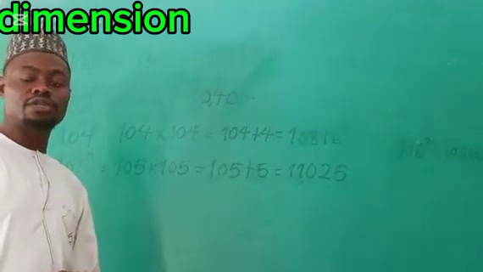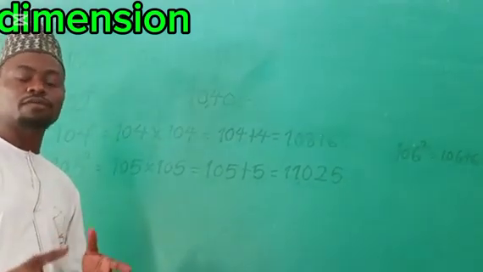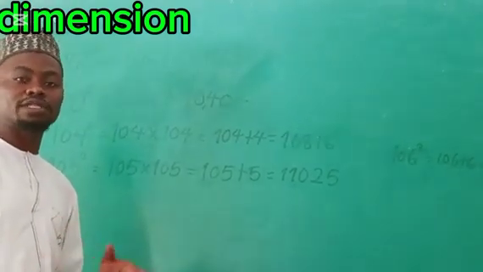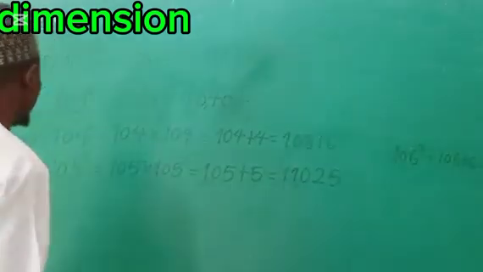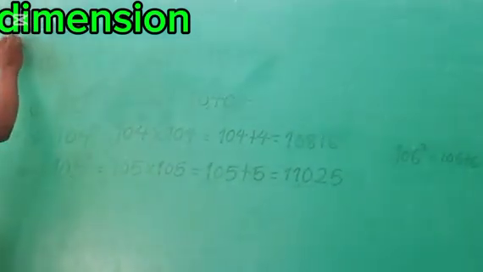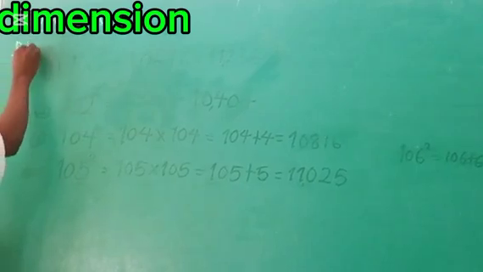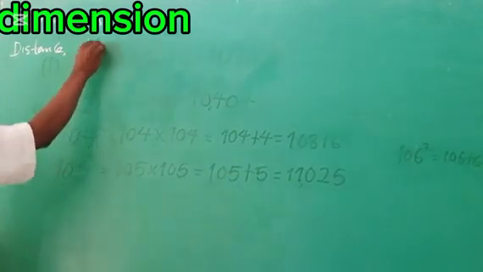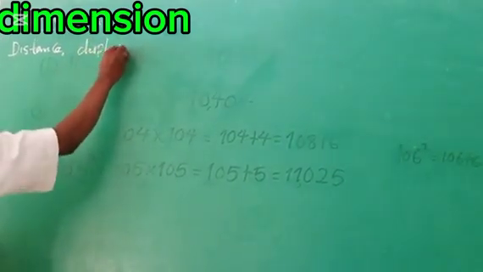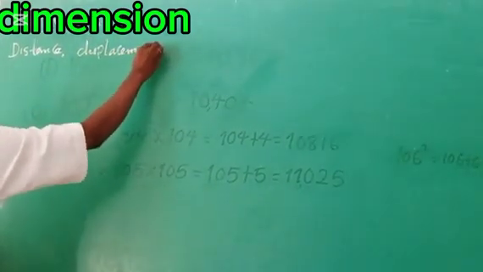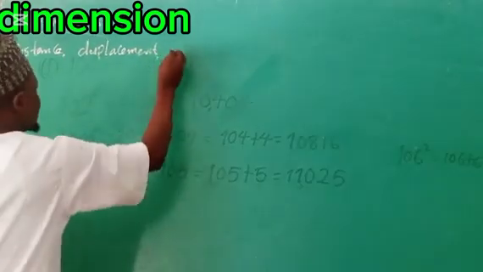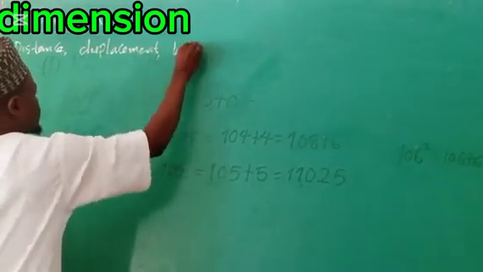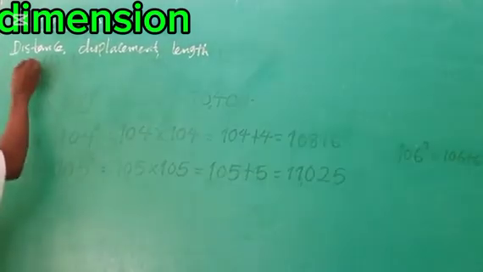Before you do dimension, there are some things you're supposed to do. You have to know some formulas in physical quantities, and the first thing we should discuss today is distance, displacement, length, radius.